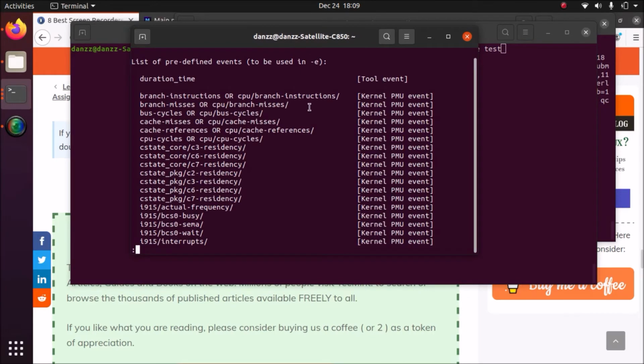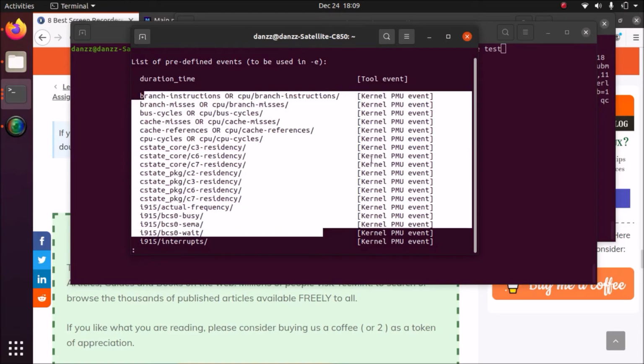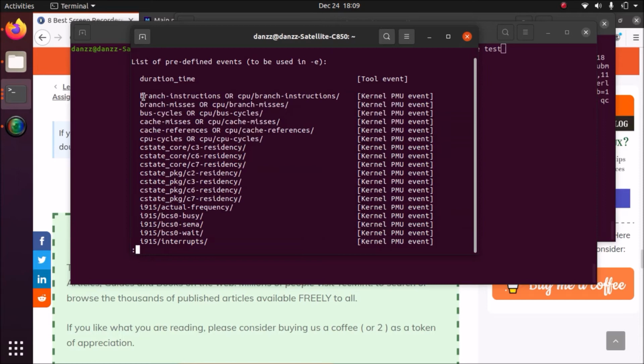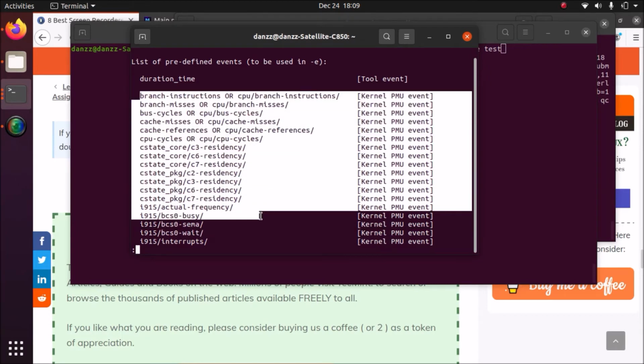If I run the command perf list, you can see that I can get all the kernel PMU events. These are the compute units within the processor which allow perf to record the values of counters.